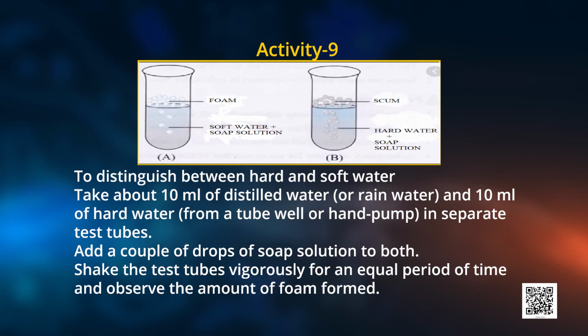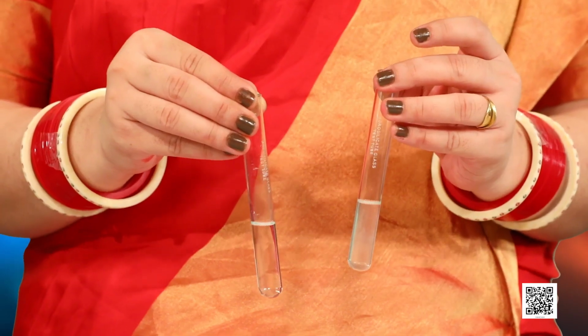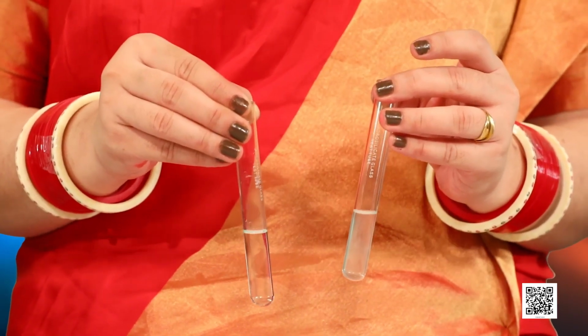Students, let us perform one more activity. We have 2 samples of water in equal amount. Now, we will add soap solution in both of them in equal amount again. And what do we want to see? Which one is hard and which one is soft.